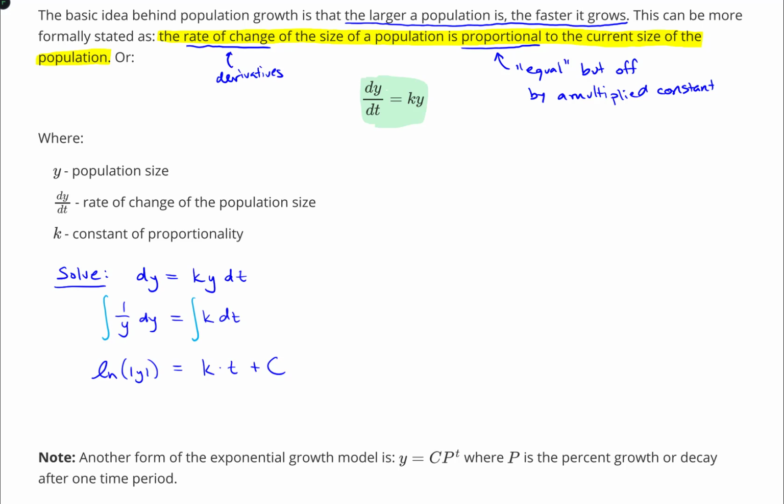And that's one way of expressing the solution, but it would be nice if we could get this solved for y. So what we'll do next here is effectively raise each side of this equation as if it's an exponent with a base matching this logarithm's base. So let's do that.